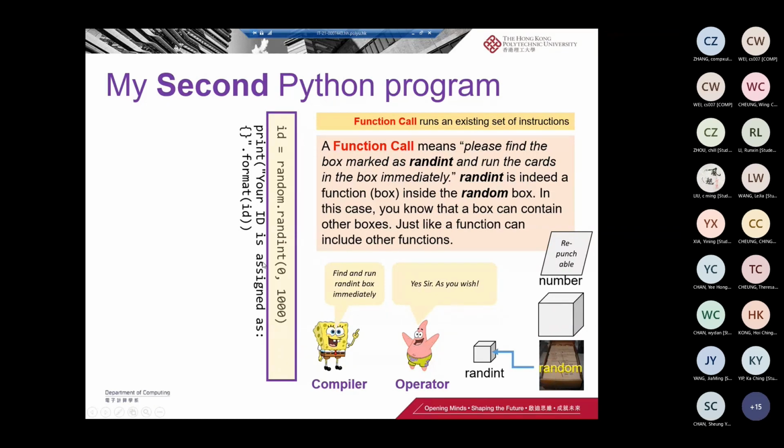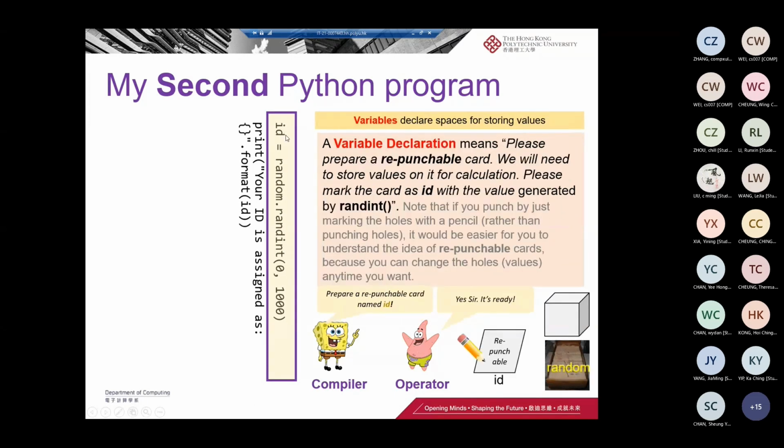So when the compiler sees this, because the random box is already prepared by the import instruction, the operator will search over that box to find randint from there, and it will execute what's punched on that card, which will give you a random number. So it will find the card and generate a number, and then put it in the ID.